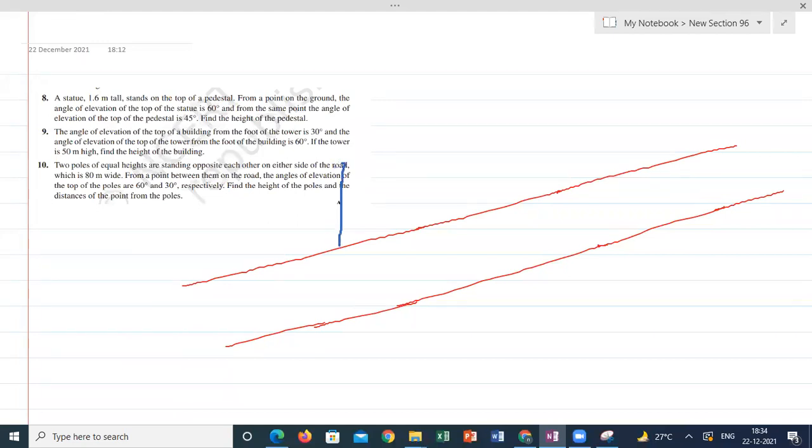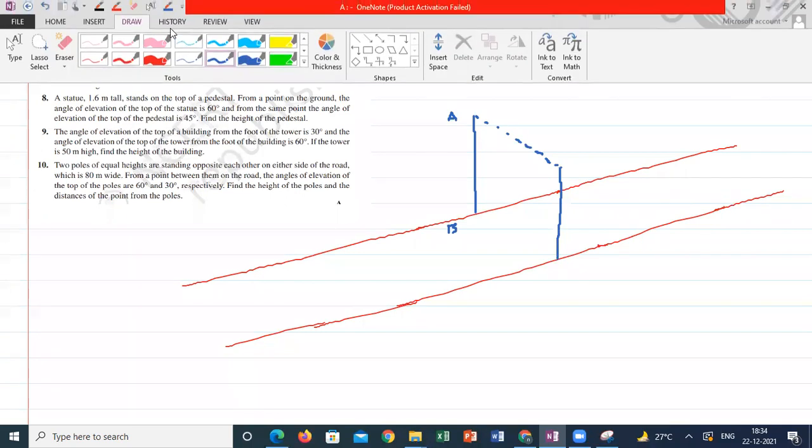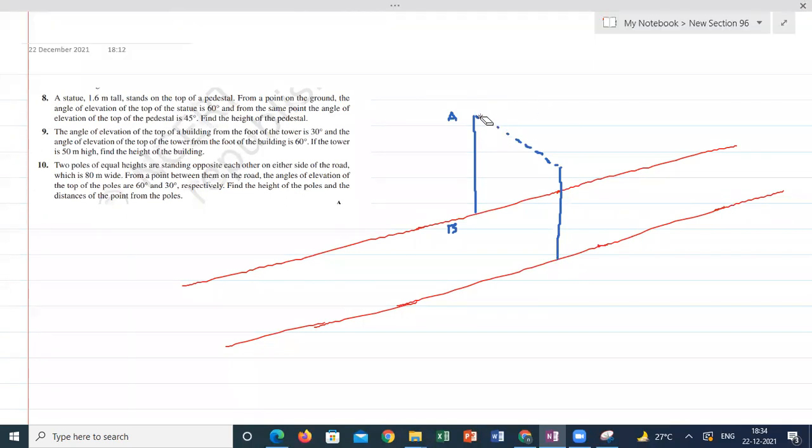Suppose I am taking two poles, AB is one pole, and I am taking PQ also as another pole of the same height.